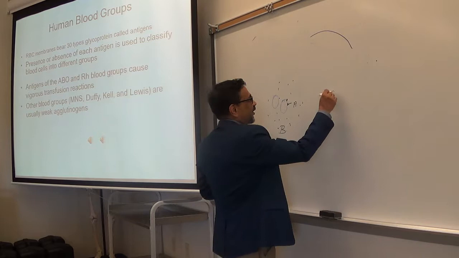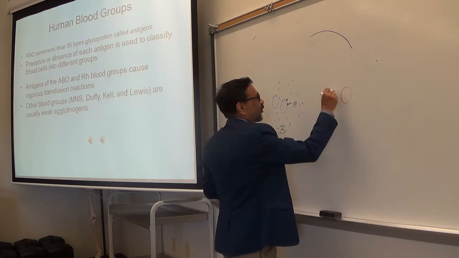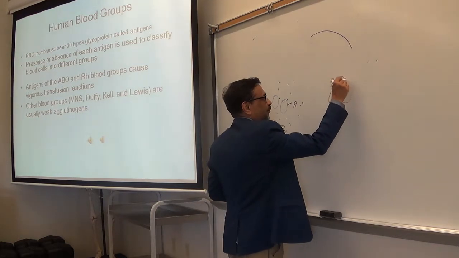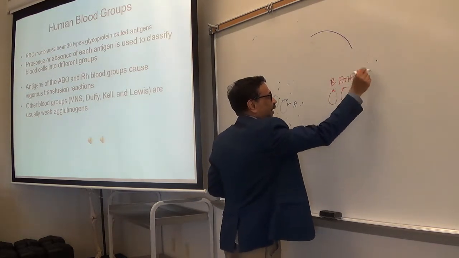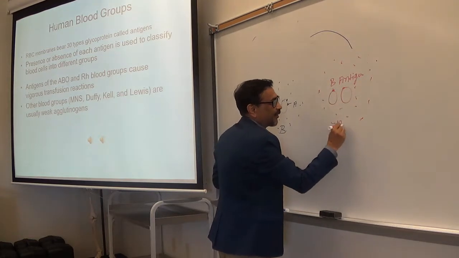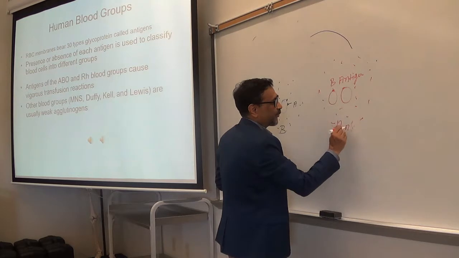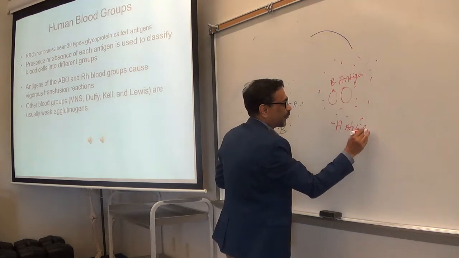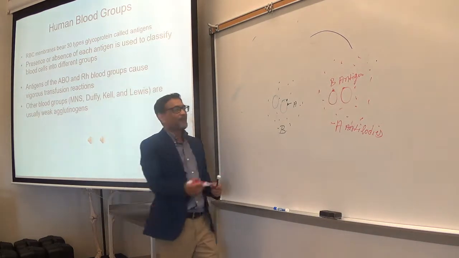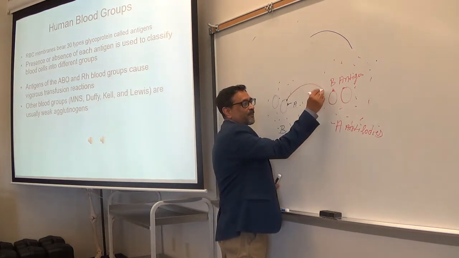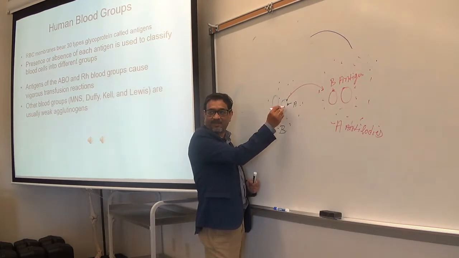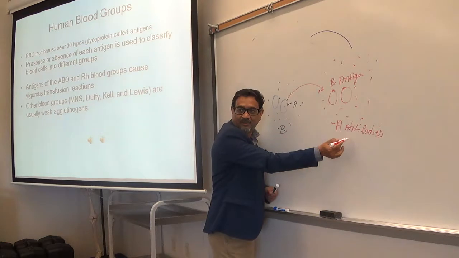This person has B type blood, B antigens, and in the plasma you have what type of antibody? A antibody. Now, if I give this one to this blood, the problem is antigen of red blood cells, right? And antibodies of this, right?